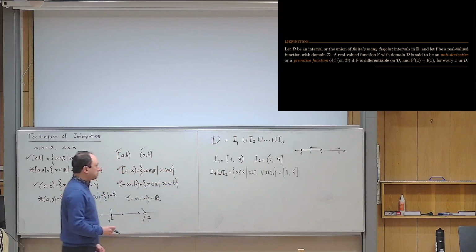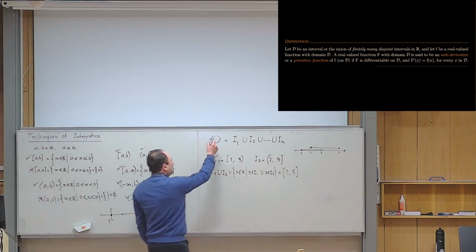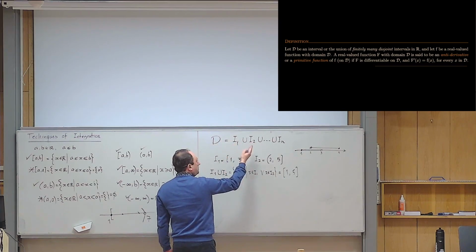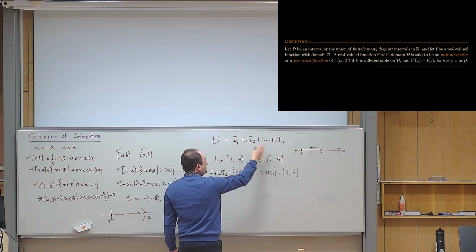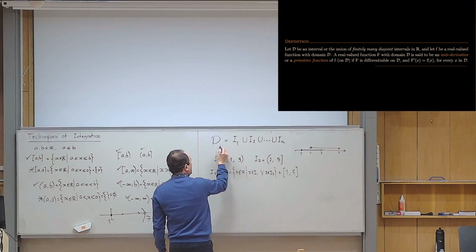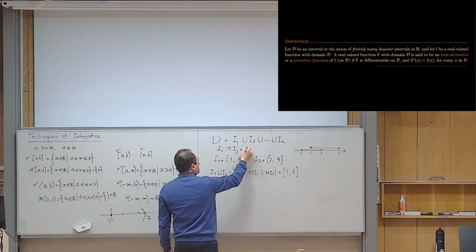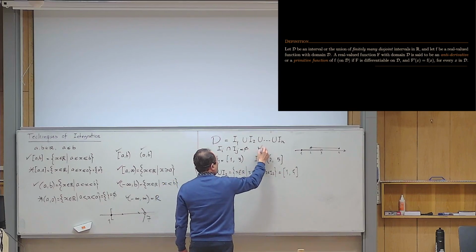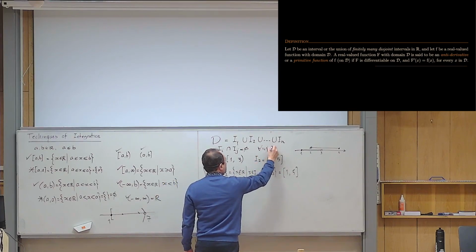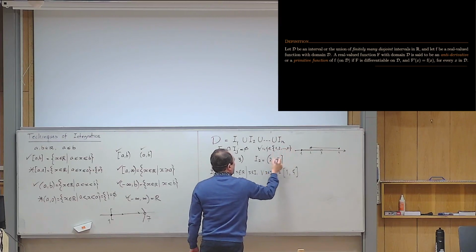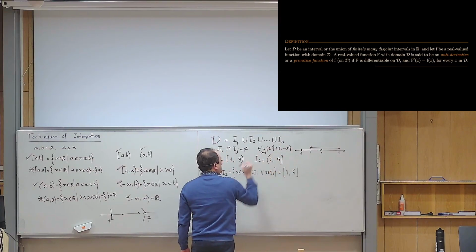Okay? So here, what I mean is that you assume that D is an interval, one single interval, or a union of disjoint intervals. If I want to show the disjointness, I would say that I_i intersection I_j is the empty set for all i and j in the set of 1 up to n, of course with i not equal to j.